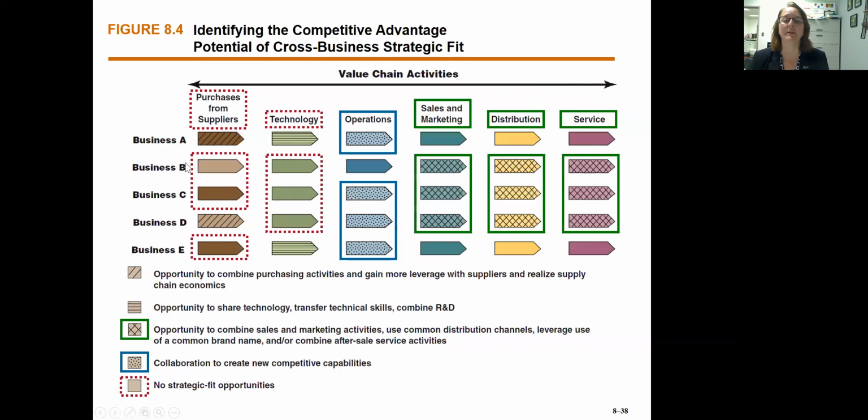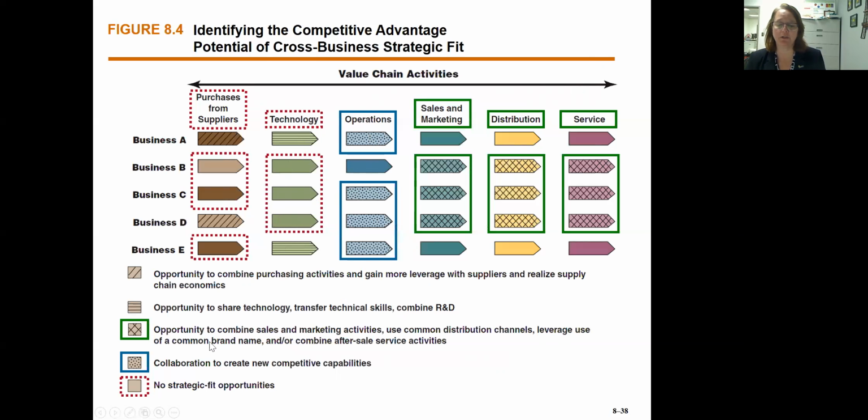So businesses B and C kind of go together. Business D is not included in those, so business A and D would have the closest strategic fit opportunity. When it comes to technology, there's an opportunity to share technology, transfer technical skills, combine R and D. Again, these companies don't have a strategic fit, but business A and E do.